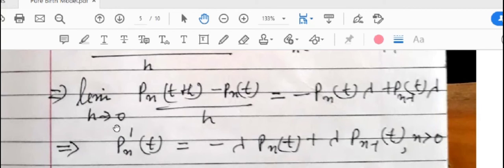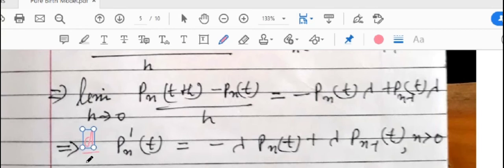So right hand side gives you P_n(t) lambda plus P_(n-1)(t) into lambda. That is denoted by a probability, I mean first derivative, or you can write here, no problem, d/dt.